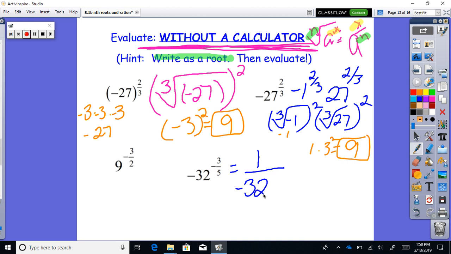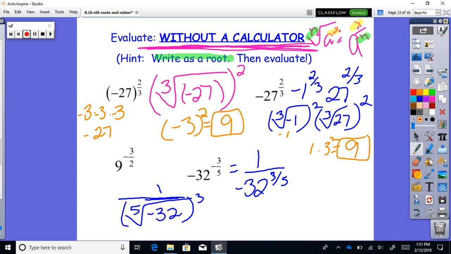It just moves from the numerator to the denominator and becomes positive 3/5. Now that is 1 over the 5th root of negative 32, and then that cubed.